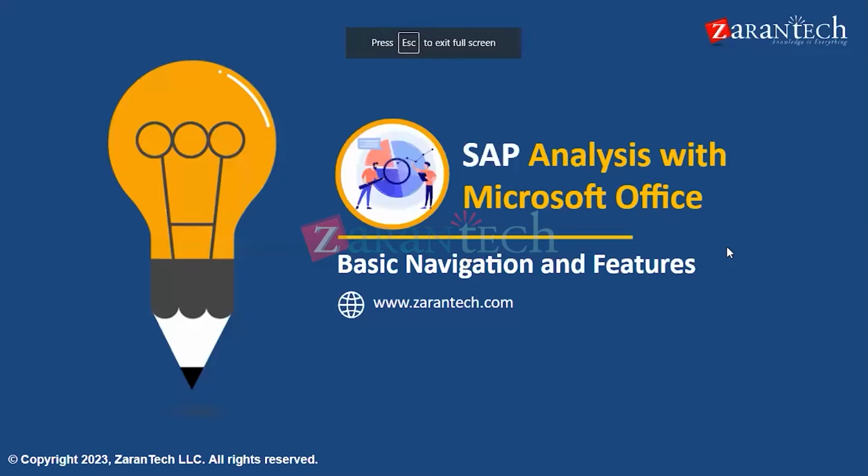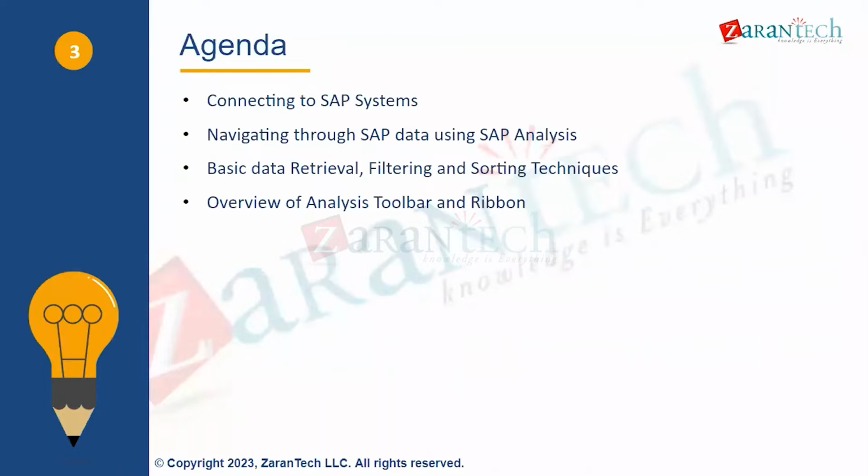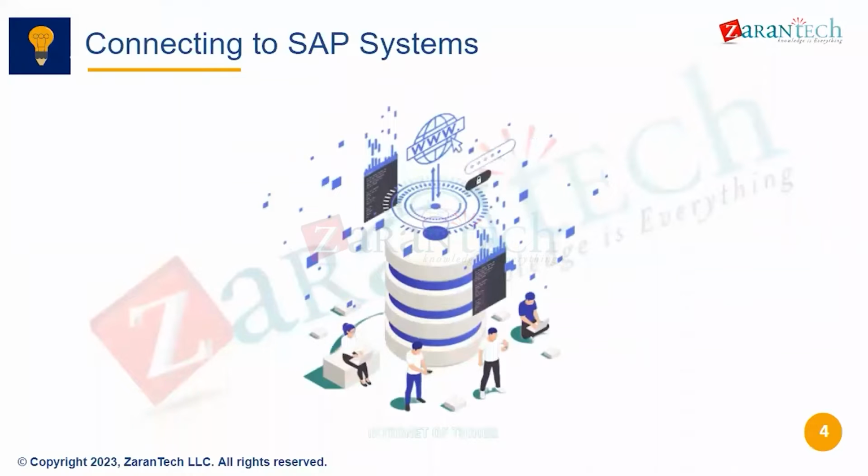Okay. So yesterday we started with the basic navigation in Microsoft Analysis for Office and all. So first of all, what we have seen yesterday is what are the different systems it can connect.